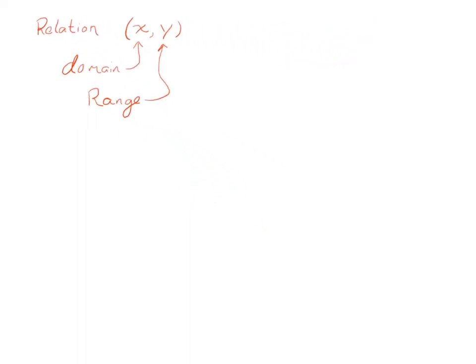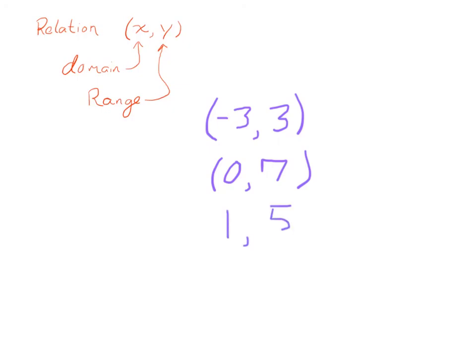If we were given this first set of a relation of -3, 3, and then the next one would be 0, 7. The next one would be 1, -5, and the last one would be 2, 4.